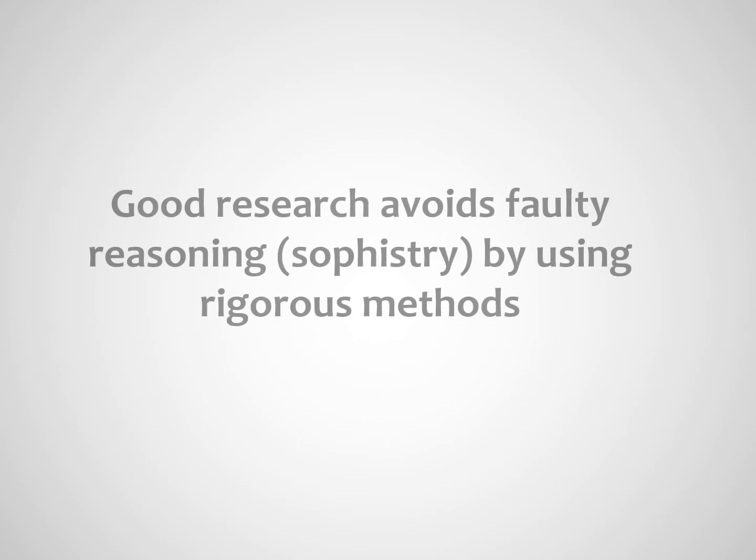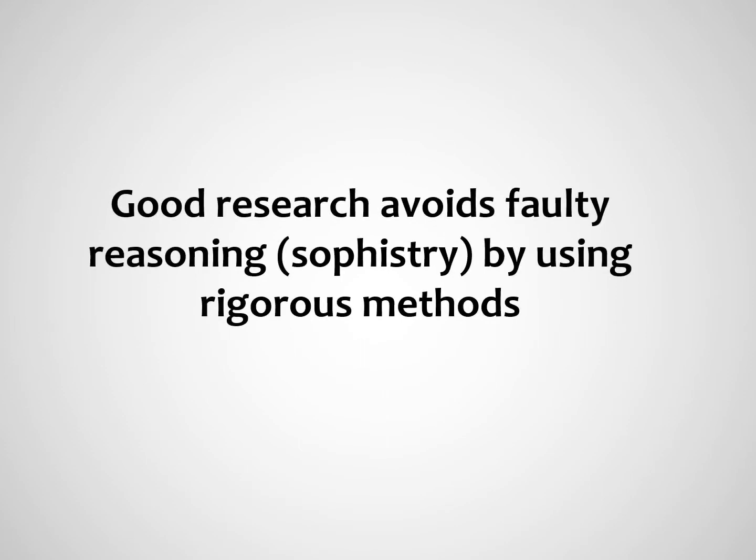One of the most important things to learn about conducting social research, when we plan the project, when we actually conduct the data collection, and also at the stage of analyzing the findings and providing conclusions, is to avoid faulty reasoning, which is, in other words, sophistry.